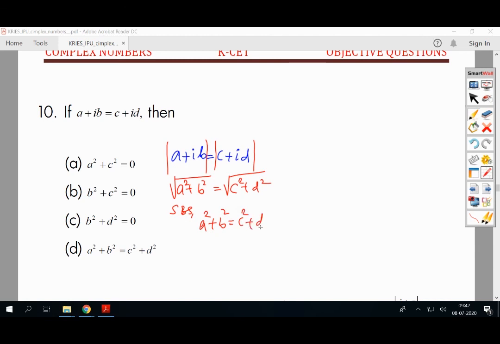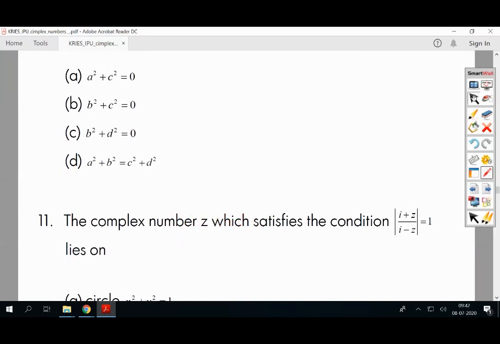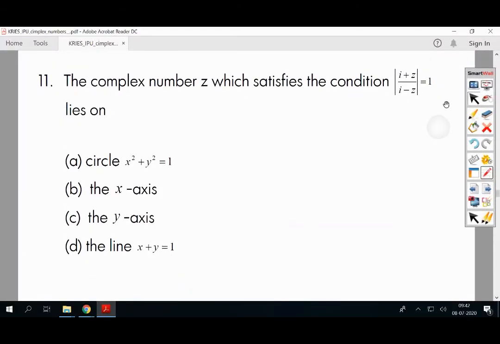We will go to question number 11. 11ನೇ ಪ್ರಶ್ನೆ ಏನಿದೆ ನೋಡಿ. 11th question. The complex number z which satisfies the condition modulus of I plus z divided by mod I minus z equal to 1 lies on. So, which of the following is correct? Right? So, ನೋಡೋಣ ಏನು ಬರುತ್ತೆ.